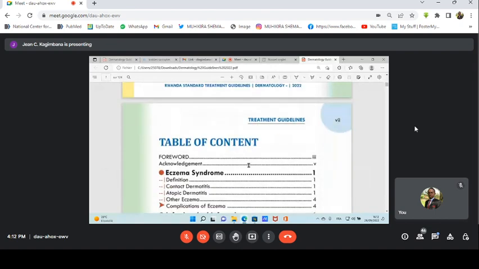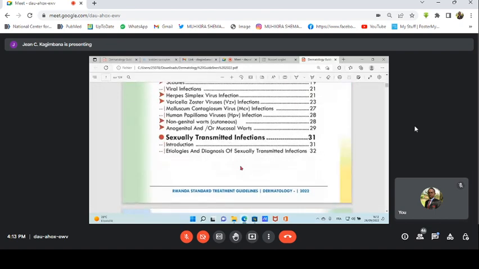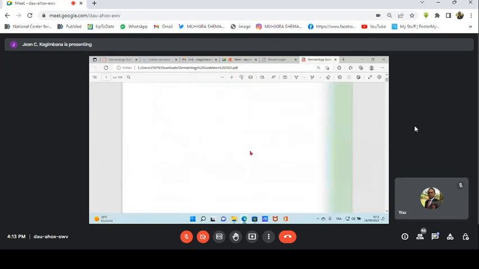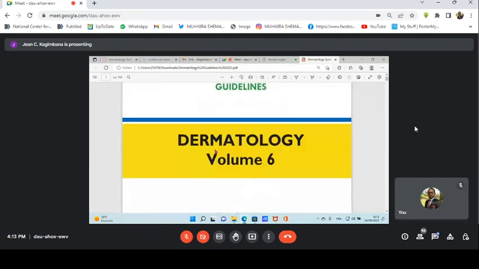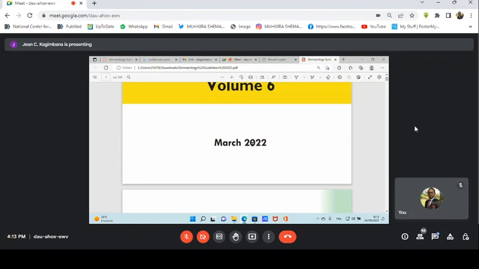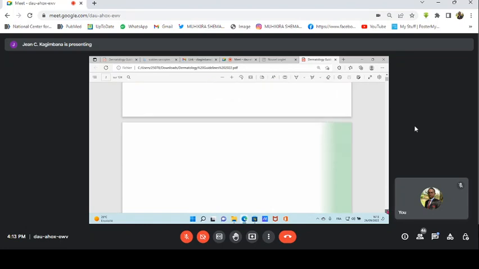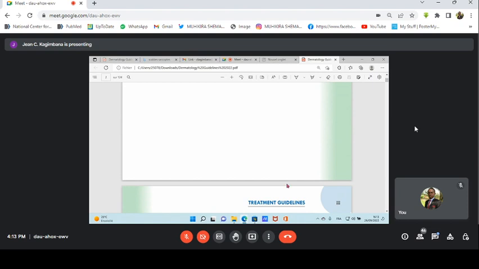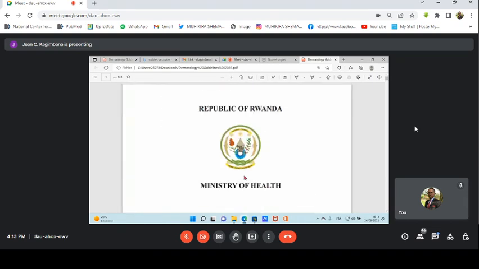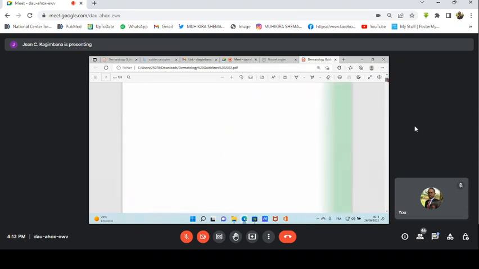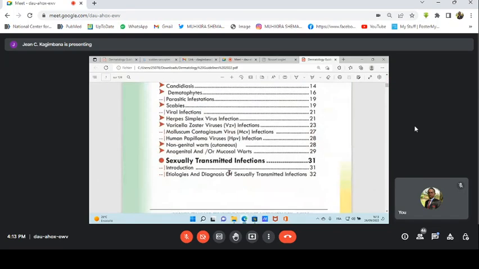Now, how to use these dermatology guidelines? It's the recent one we have developed that may guide you through your further reading. It's simple to read and summarized for most of the skin conditions seen in district hospitals or referral hospitals. It came out in March 2022.